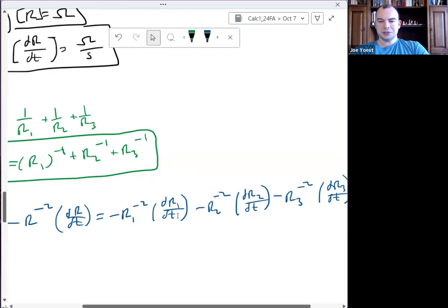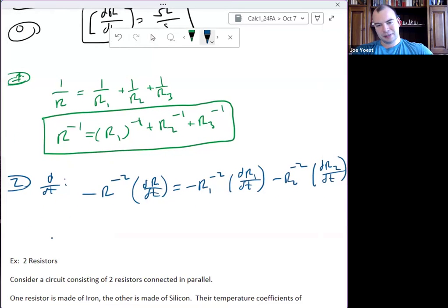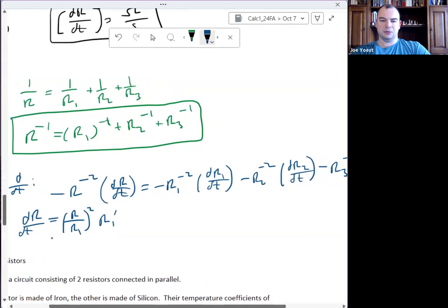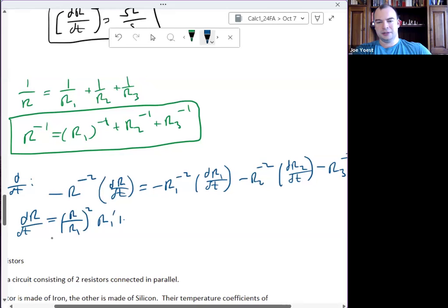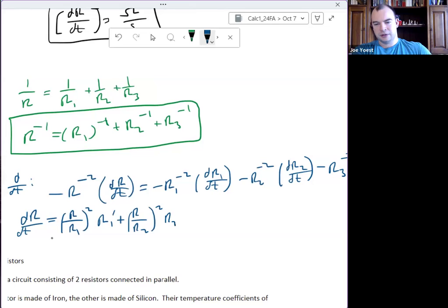I can get rid of all my minuses, and I can multiply through by an R squared. So all my minuses go away. I end up with R over R1 squared, and now I will switch to primes because things are a little simpler, R1 prime, plus R over R2 squared, R2 prime, plus R over R3 squared, R3 prime.